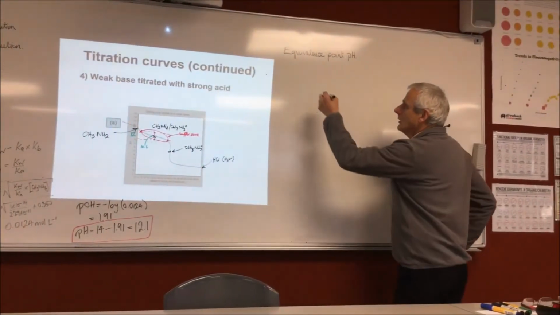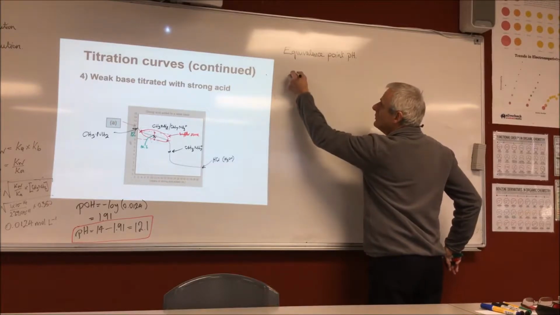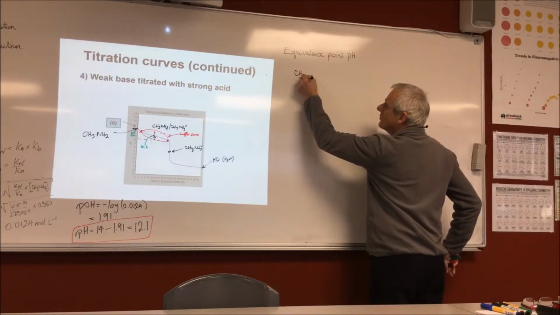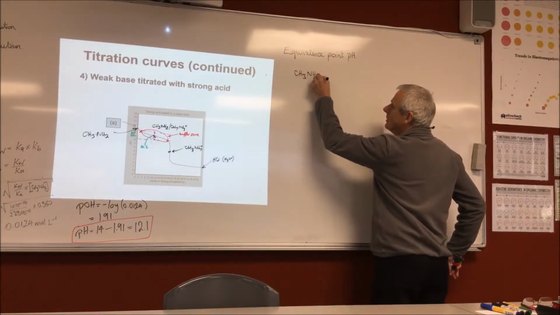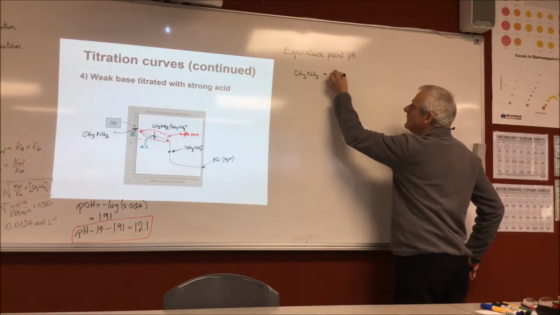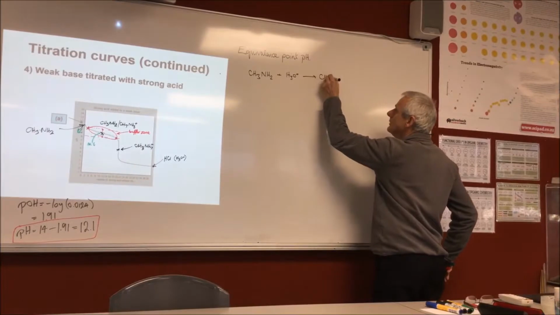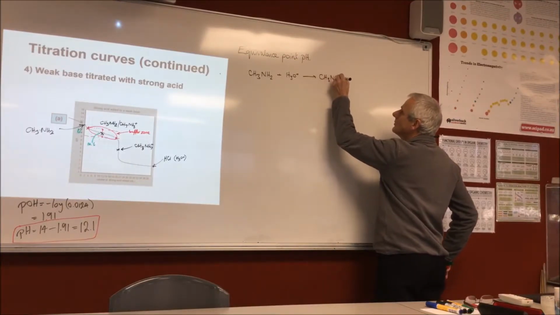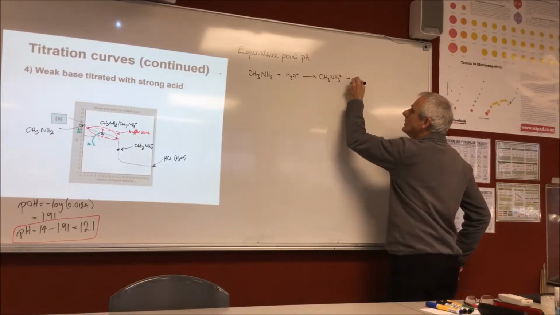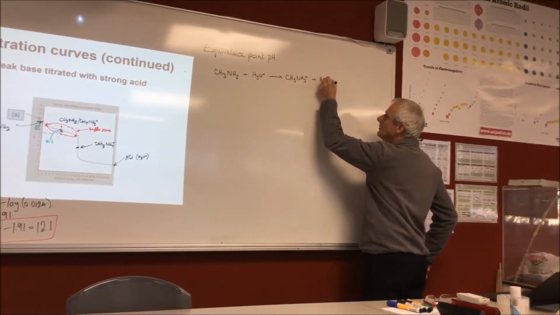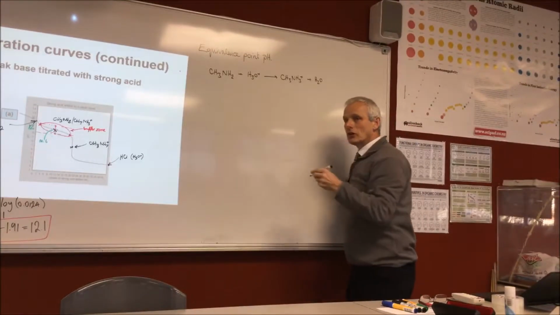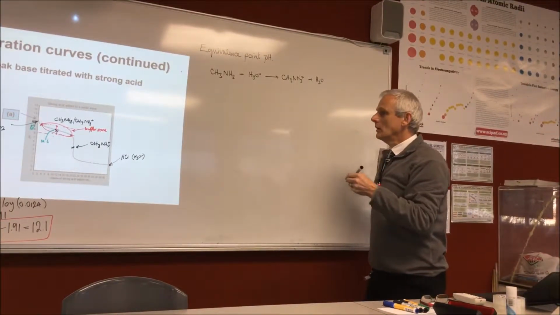So, the reaction that we've done is taken CH3NH2 and we've added H3O+ to it to form CH3NH3+ and H2O. Straightforward neutralization reaction one way. Okay.